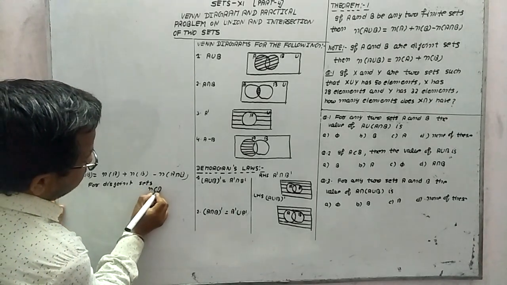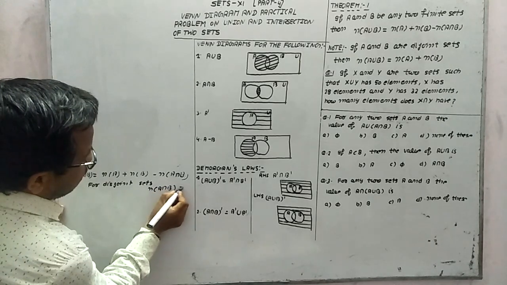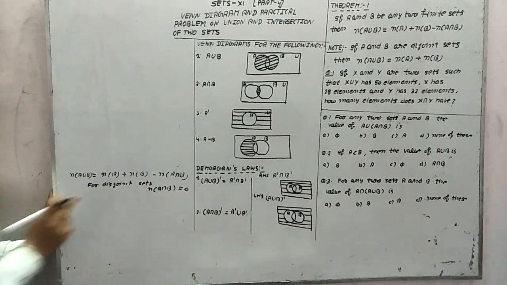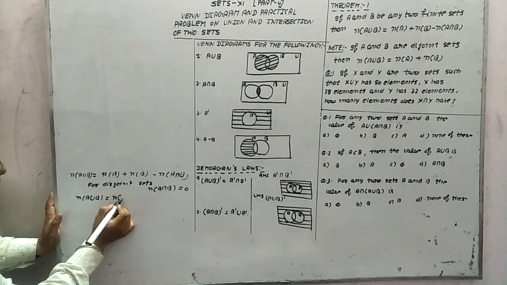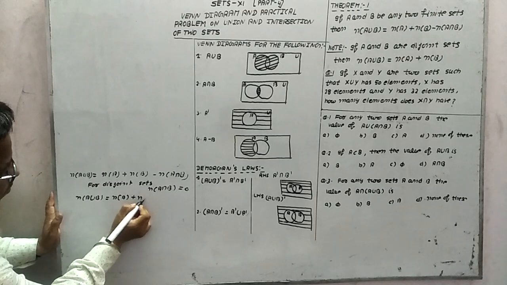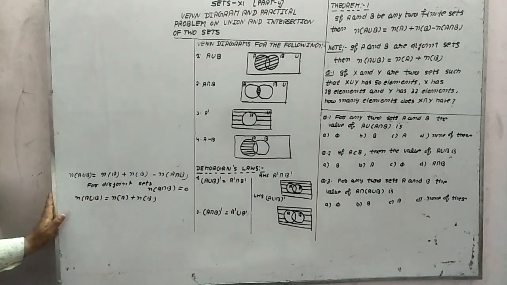It means the number of elements in A intersection B is 0. Now put this value in this part. It means the number of elements in A union B is equal to the number of elements in A plus the number of elements in B. This is the proof of this part.